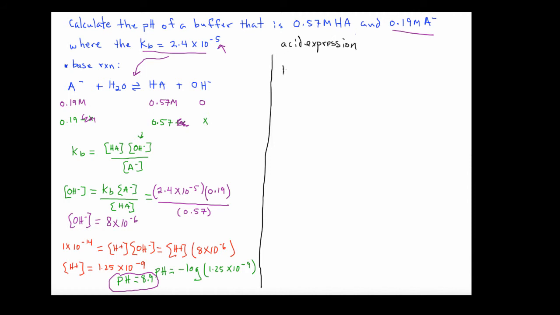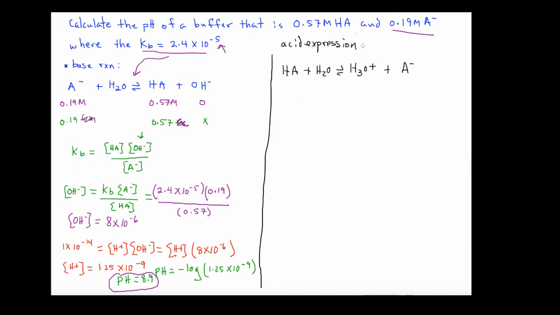So in that case, we're going to have the HA plus H2O in equilibrium with H3O plus A minus. All right, now we need the Ka for this expression.